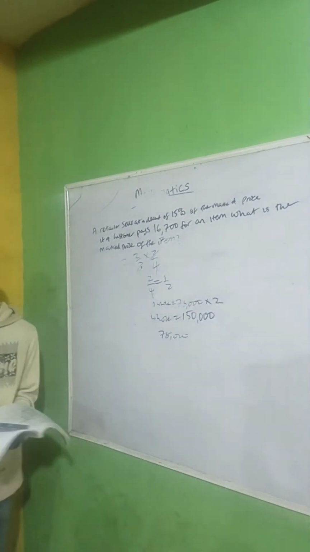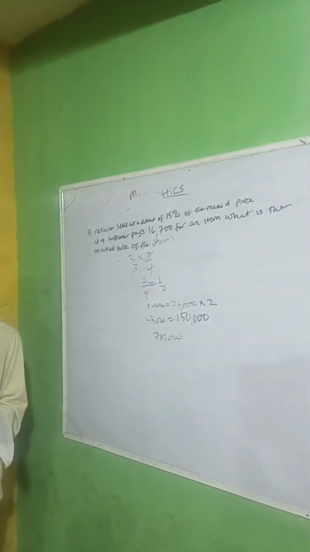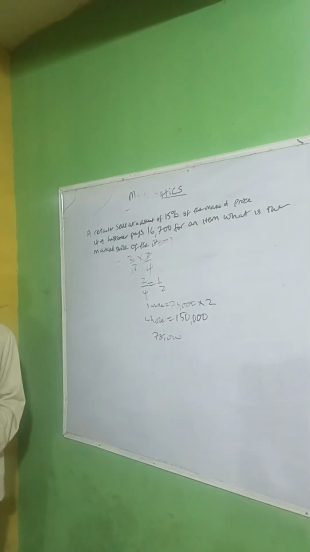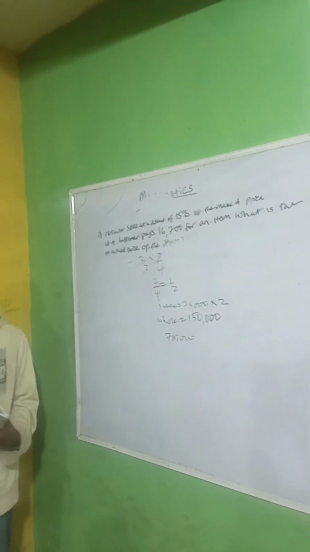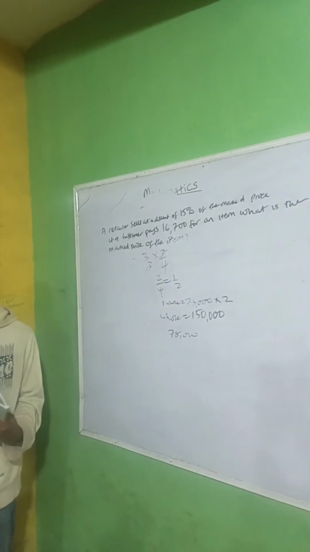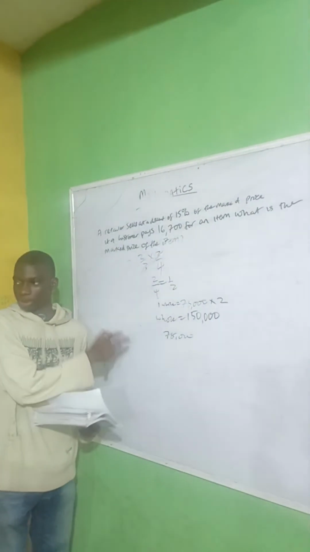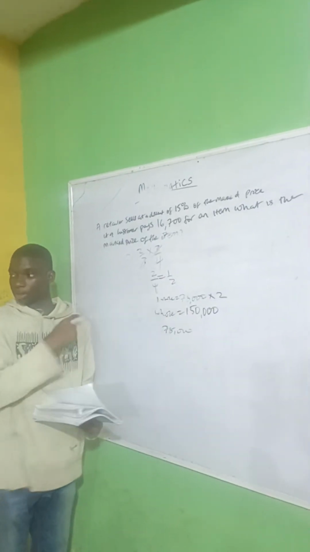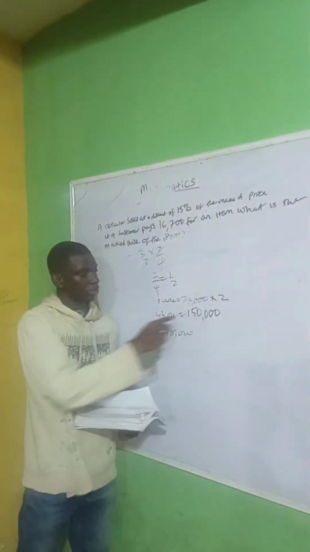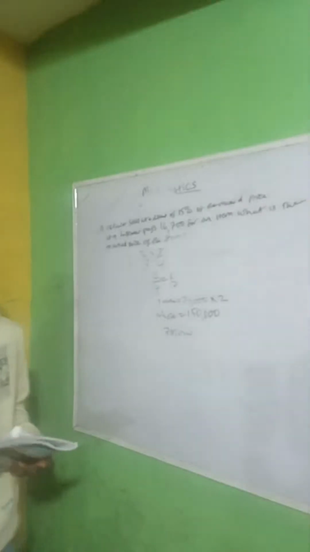So instead of writing 1/2 plus 1/2, you write 75,000 plus 75,000. That's going to give you 150,000. So that's how we got 150,000.